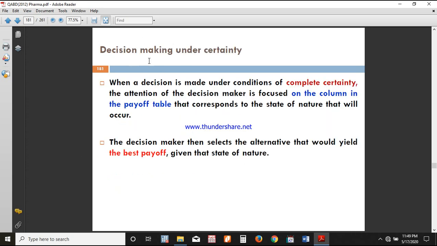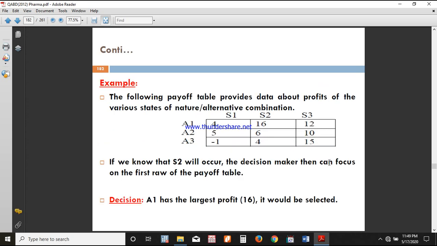First, we are going to see decision making under certainty. When all the information is available for the manager to make a decision, we can use decision making under certainty.